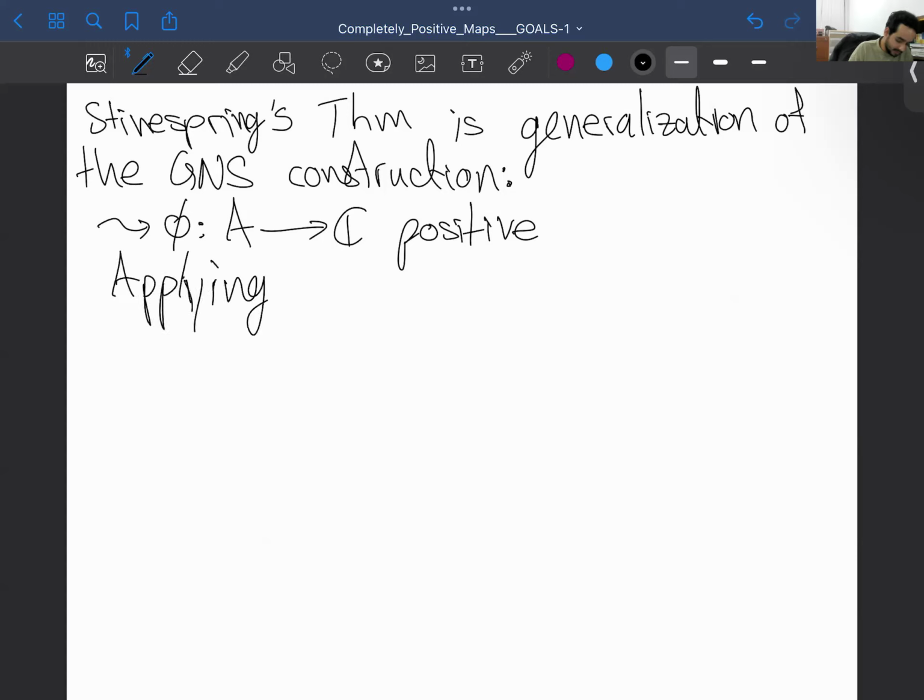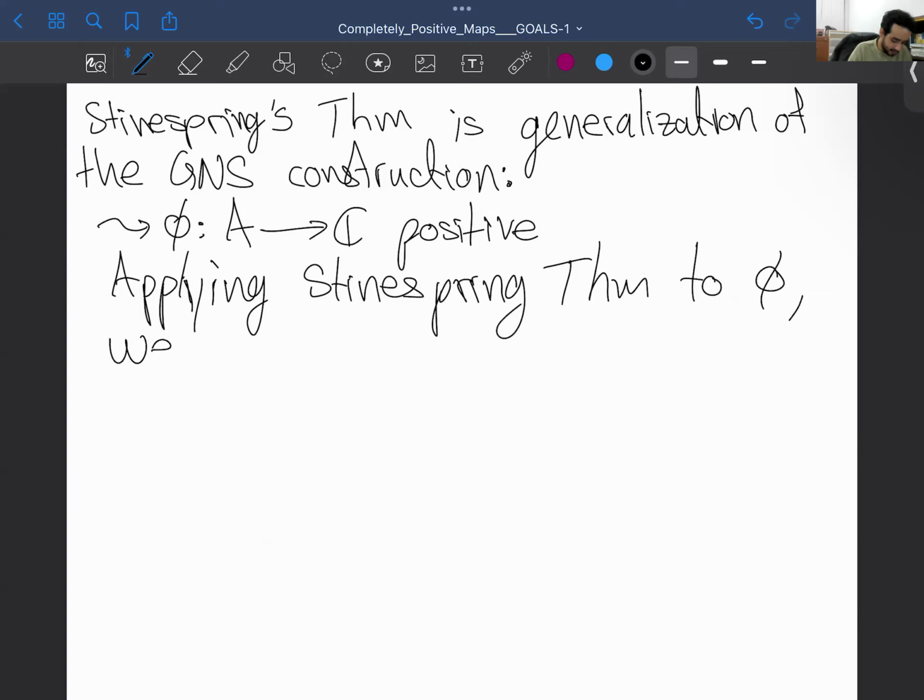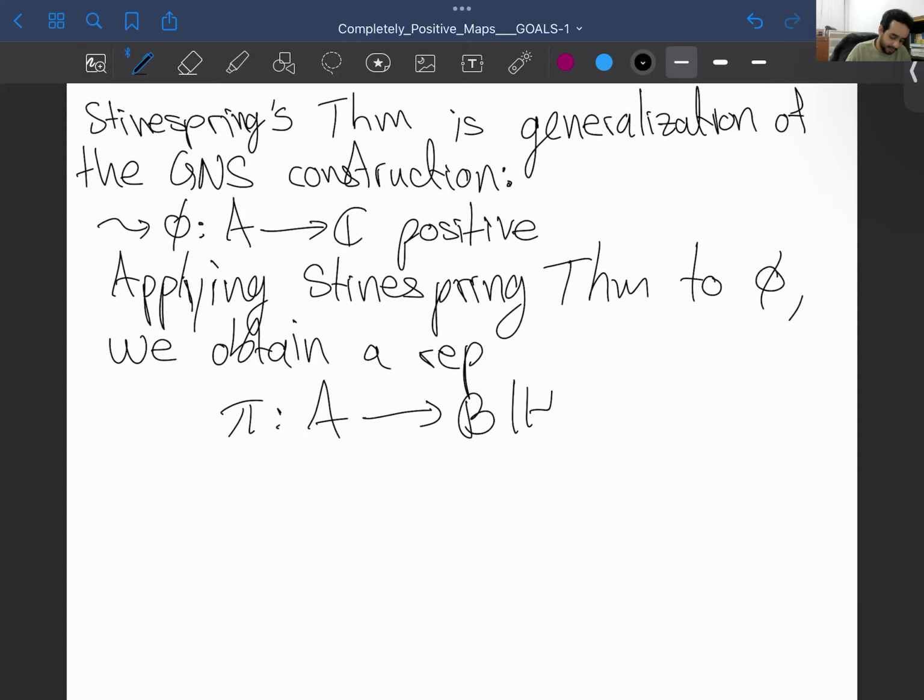Applying the Stinespring theorem to phi, we obtain a representation P on some new Hilbert space H prime, and we also obtain a linear operator V between the original Hilbert space, which in this case is the complex numbers, and H prime.